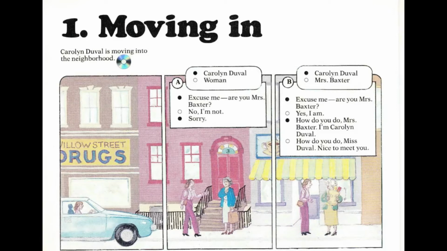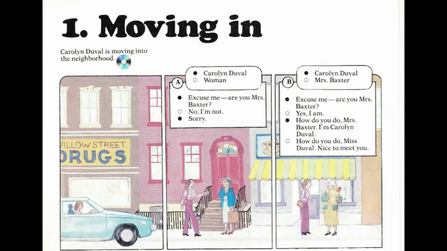That's why we say moving in. Then it says on the top of the page, Carolyn Duval is moving into the neighborhood. What is a neighborhood? It's a small part of the city. It's a small area in which a lot of people live together. So that is neighborhood. A lot of neighbors live together. A small part of the city.